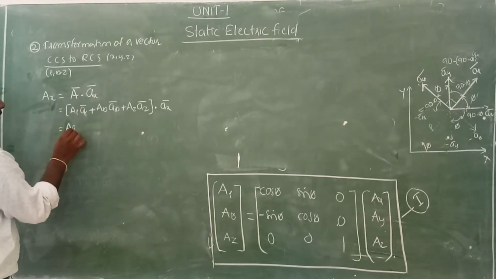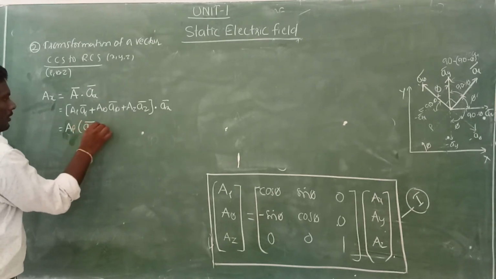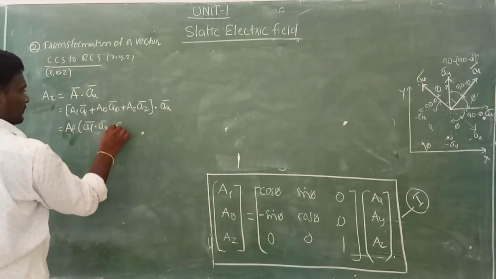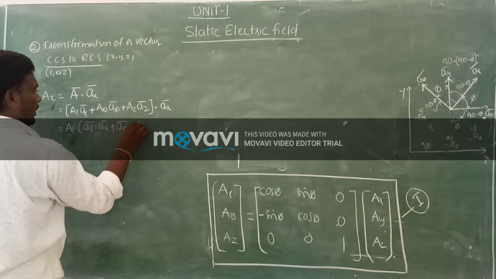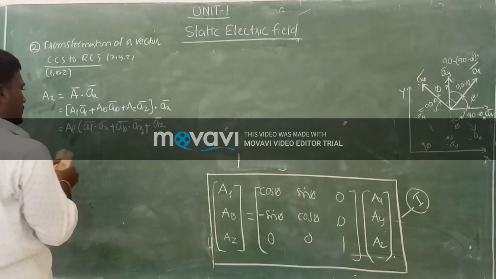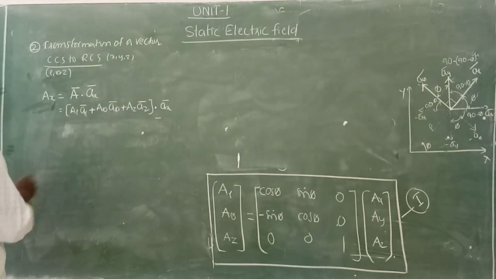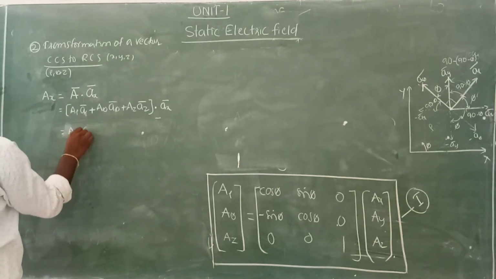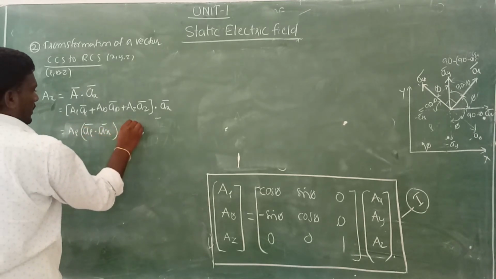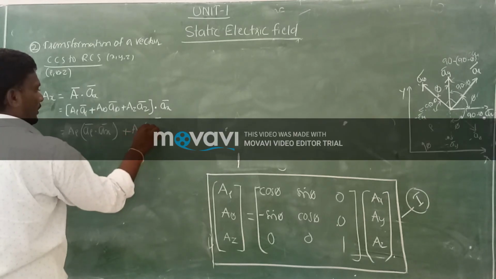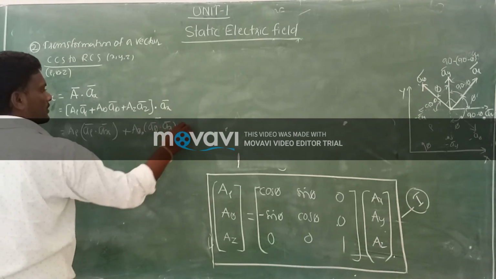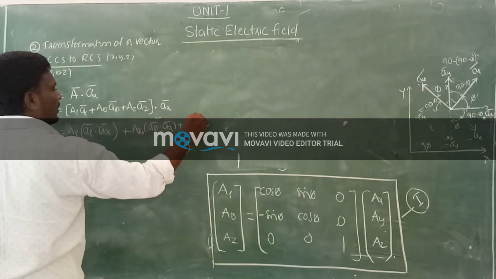A rho into a rho bar dot ax bar, plus A phi into a phi bar dot ax bar, next Az into az bar dot ax bar.